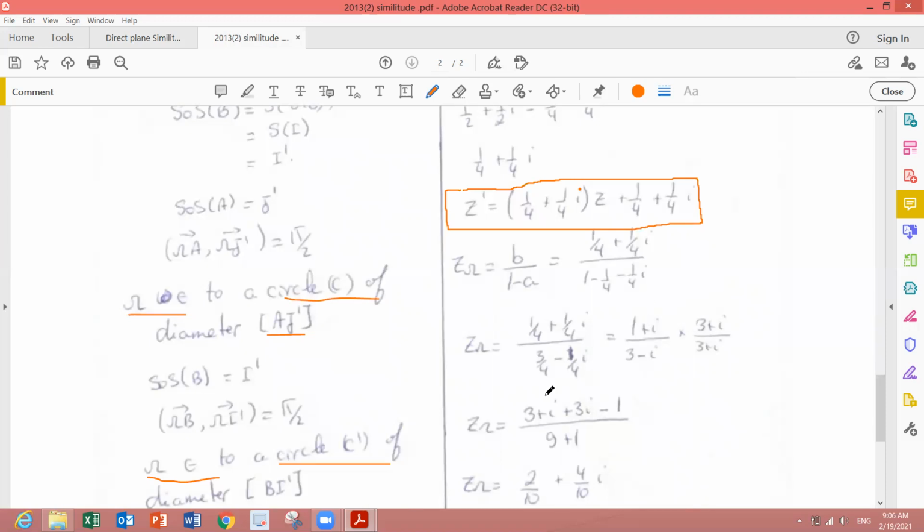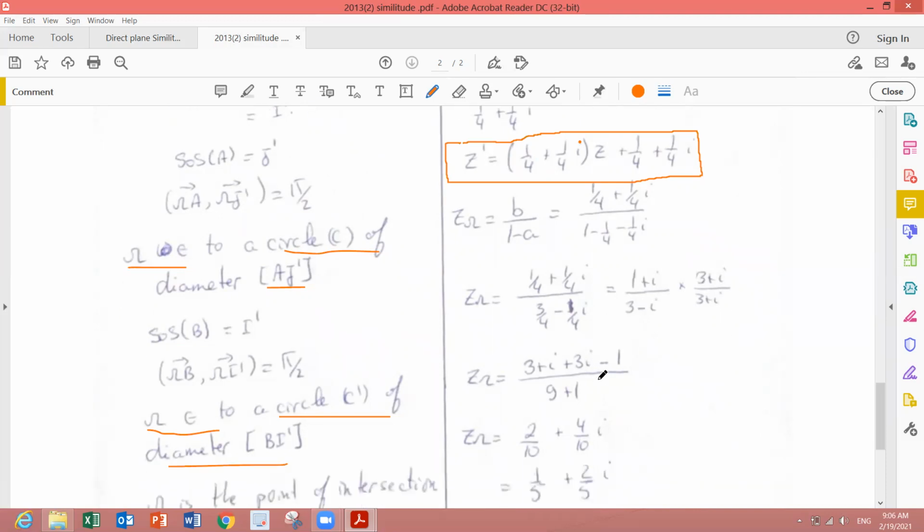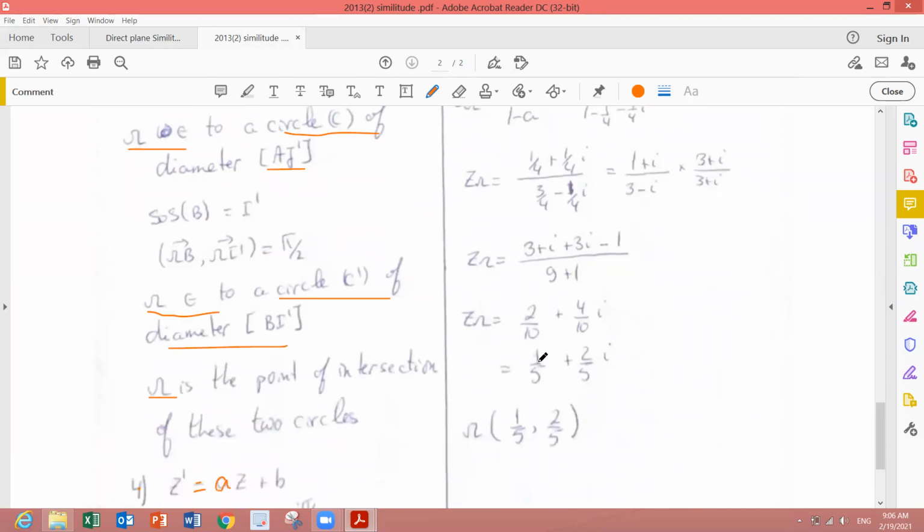Expand: 3 plus i plus 3i plus i squared, which is minus 1, over a squared plus b squared, so 9 plus 1, not 9 minus 1. We get 2 over 10 plus 4 over 10i, which equals 1 over 5 plus 2 over 5i. So Z omega equals 1 over 5 plus 2 over 5i.